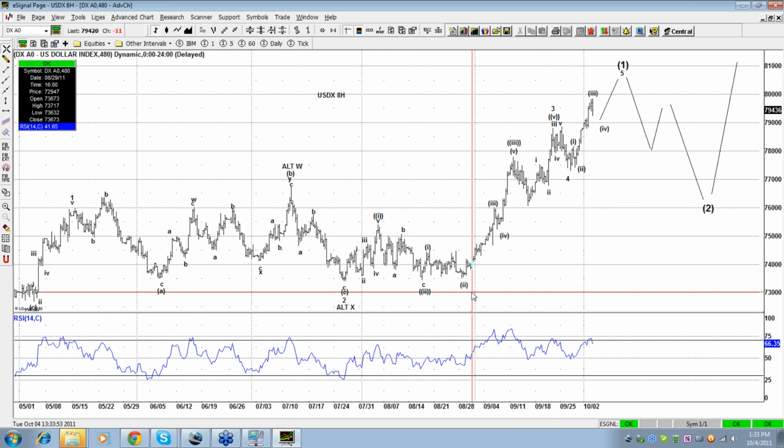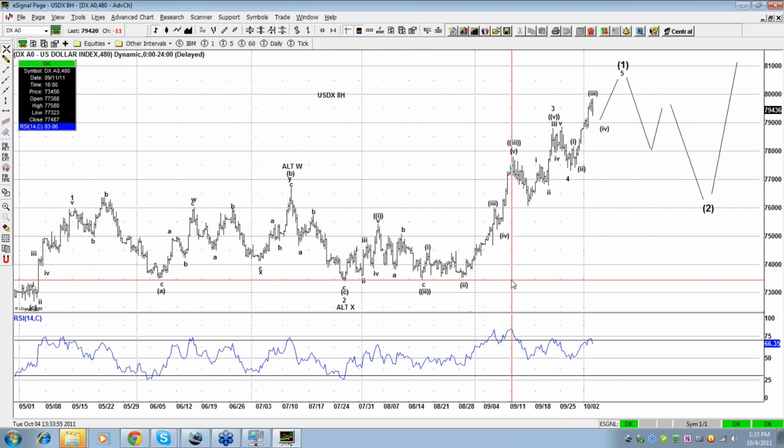Look, the divergence is saying wave 3 of 3 right there. I don't care about it now, guys. All I care about now is one more high before I'm going to sit on my hands.